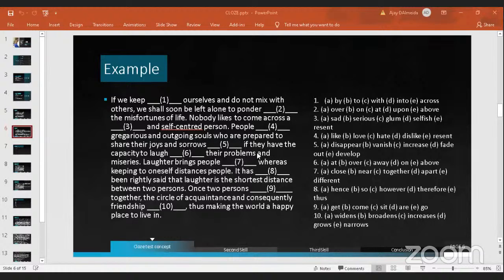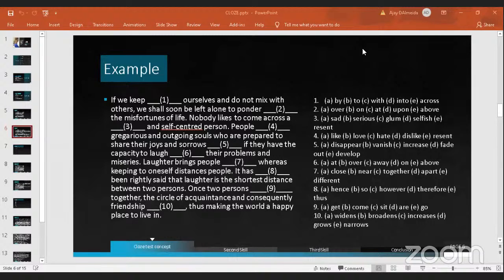The fourth one: people dash gregarious and outgoing souls who are prepared to share their joys and sorrows. Some people have put 'like'. Now remember one thing, guys: like is used for things, love is used for people. I like eating the chocolate brownie; I will not say I love chocolate brownie.